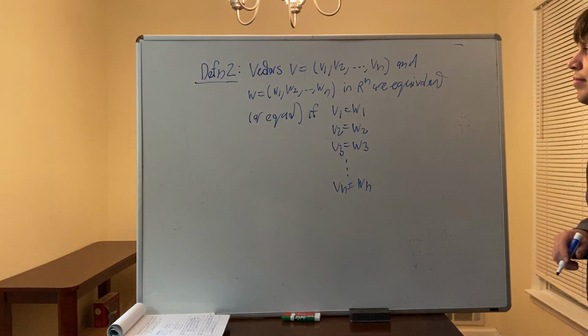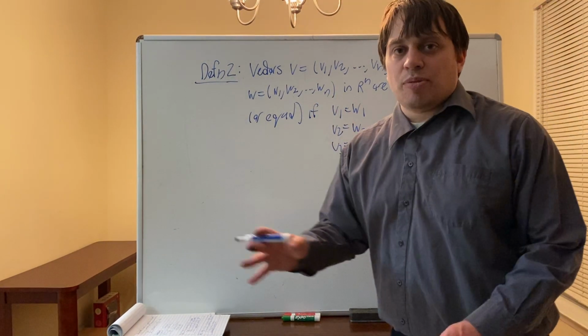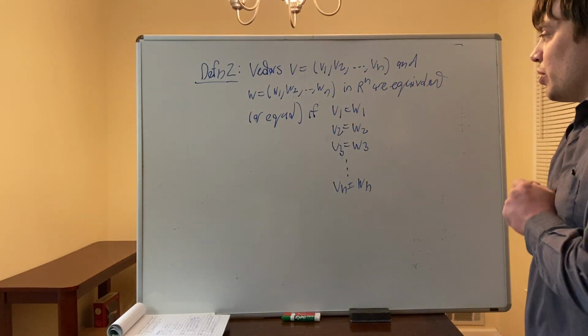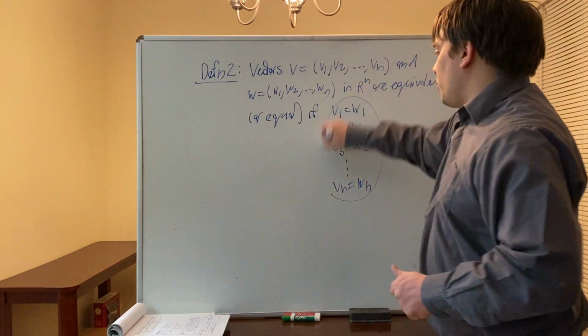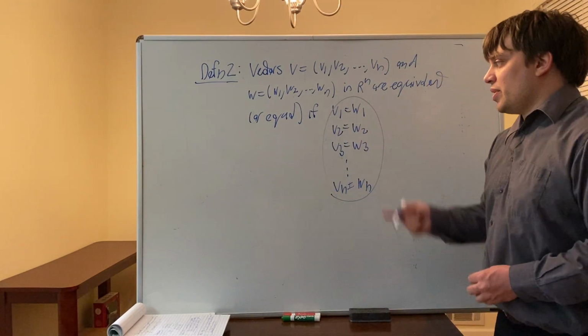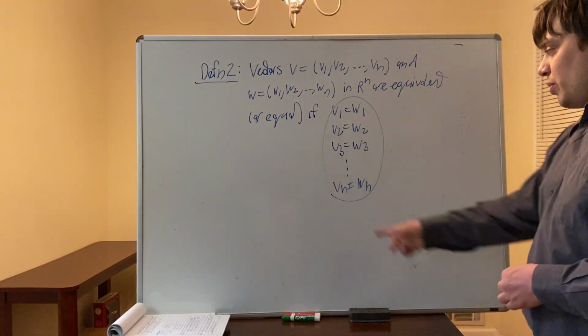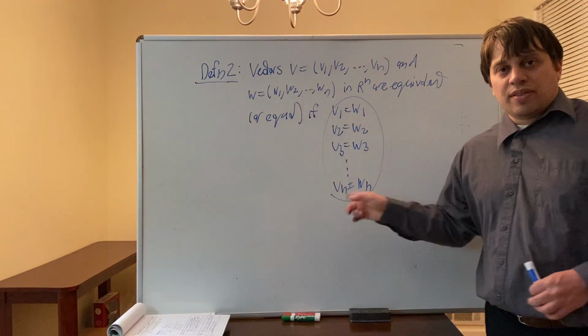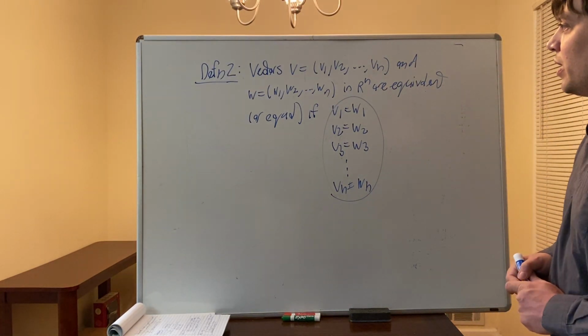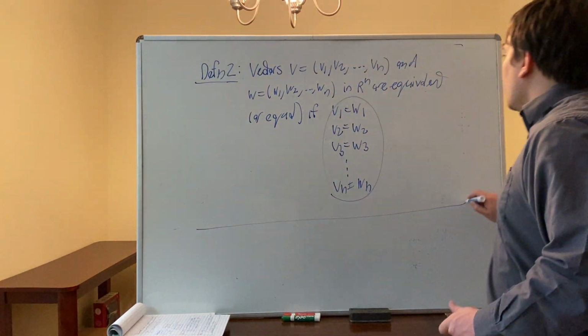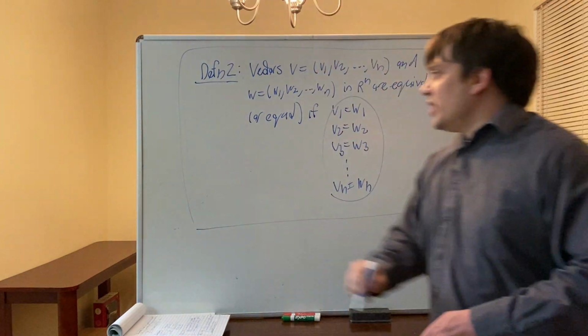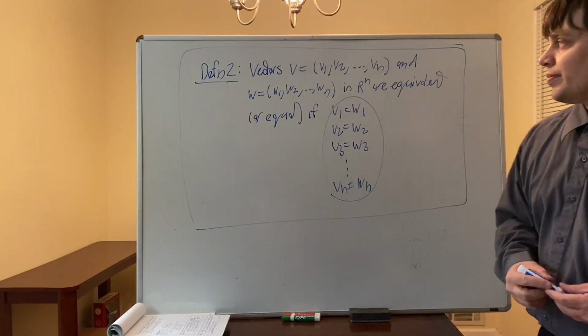Two vectors in n-space, the same n-space, are equal or equivalent if their corresponding components are the same. Their first components are the same, their second components are the same, the third components are the same, and so forth, to the last one, their nth components are the same. That's the definition of two equivalent or equal vectors in any n-space.